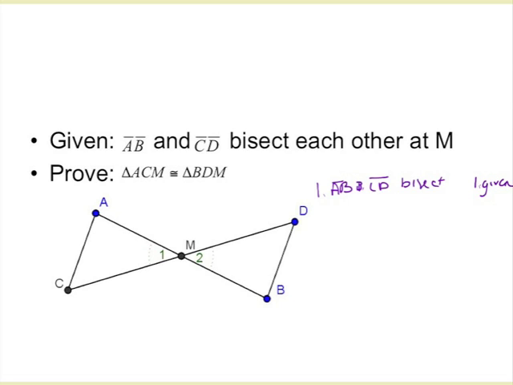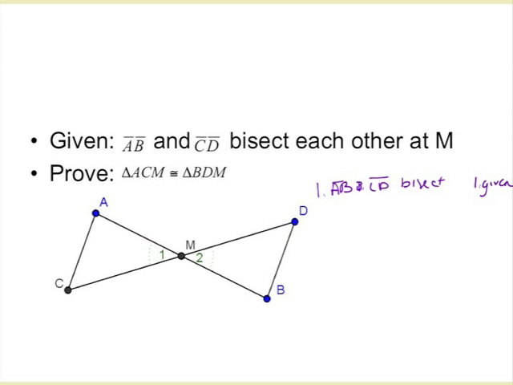One question that I ask myself a lot when I write a proof is, okay, so what does that mean? So if AB and CD bisect, what does it mean to bisect? At the middle. They intersect at the middle. So it's a special kind of intersection.